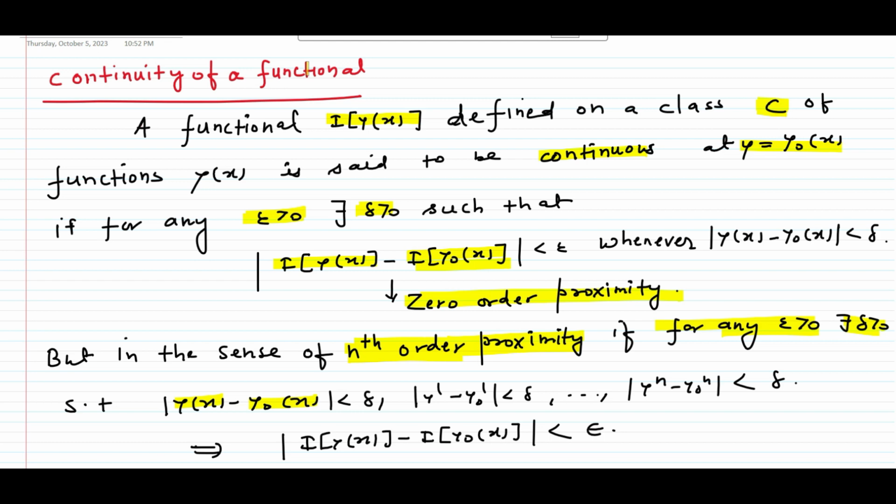If all the derivatives differ by less than delta, then the difference mod of I of y of x negative I of y naught of x has to be less than epsilon. So the functional is said to be continuous for nth order proximity. By using this definition we will prove our given statement.